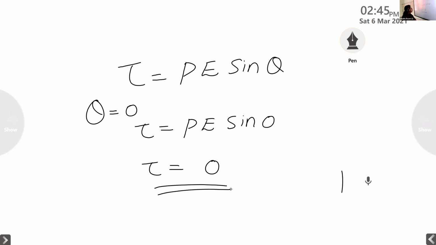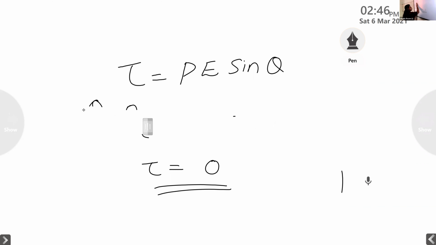Very good. So if the angle between the electric dipole and the electric field is theta equal to 0, then tau is equal to PE sin 0, that is tau is equal to 0. Clear? Now we can check the next condition.